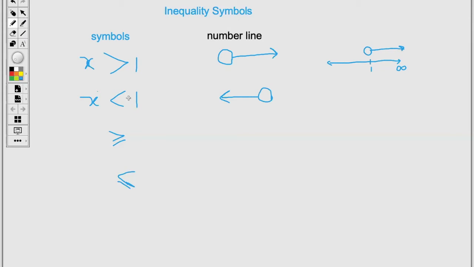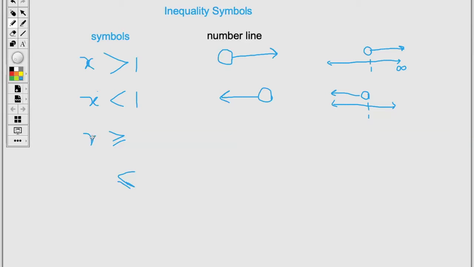It's the same case for x less than 1. This is just a sketch of my number line, same number 1. Above 1, I'll have an open circle because I am not using the number 1, and we will be moving towards negative infinity because I want numbers smaller than 1.